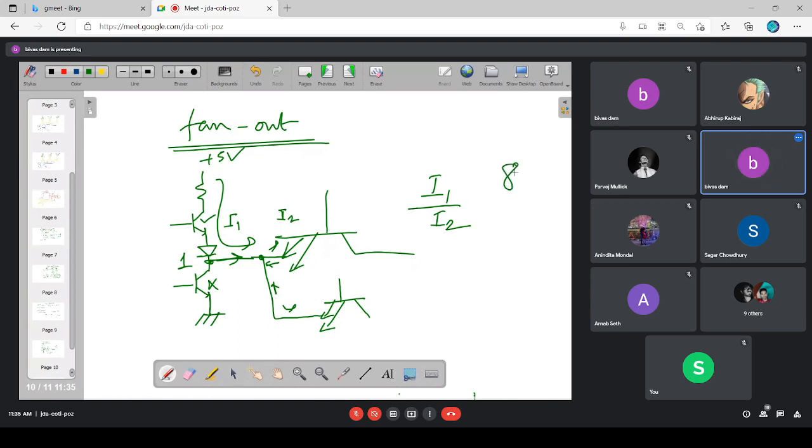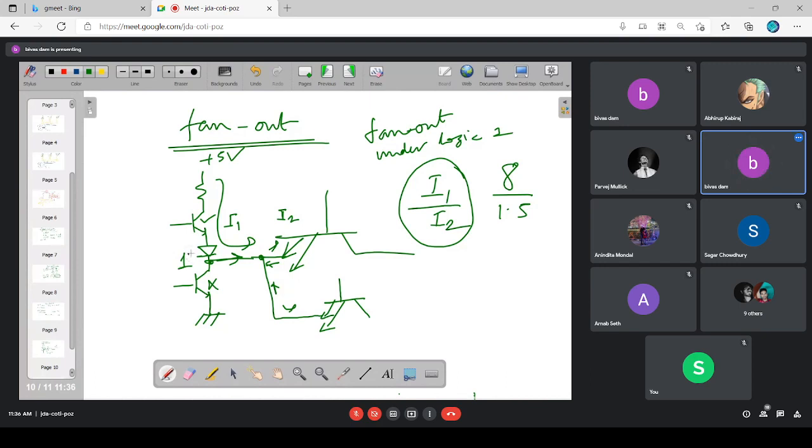That comes from this 8 by 1.5 factor, is it not? Yes, sir. So this I1 by I2 is basically the fan out under logic 1 condition.